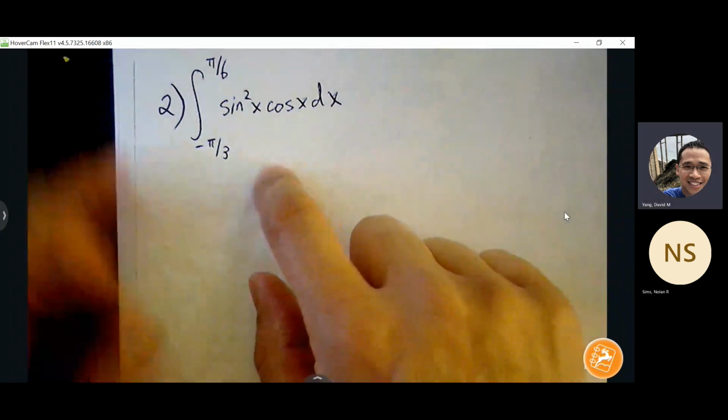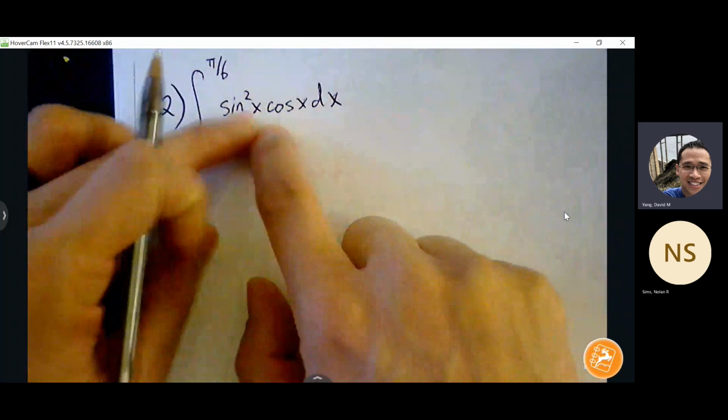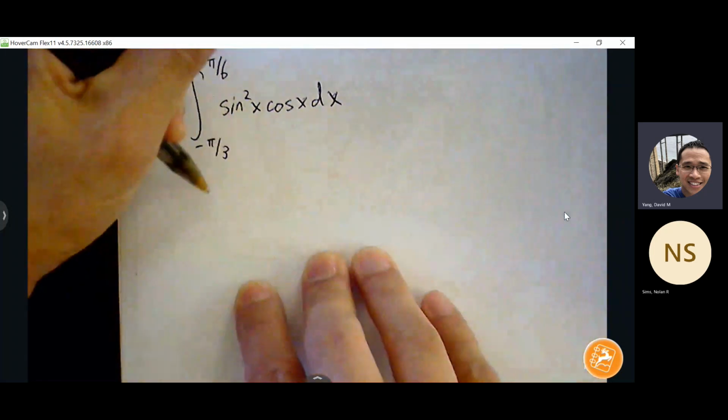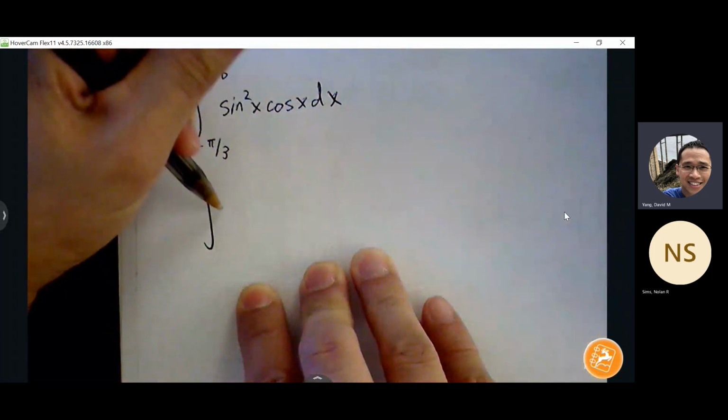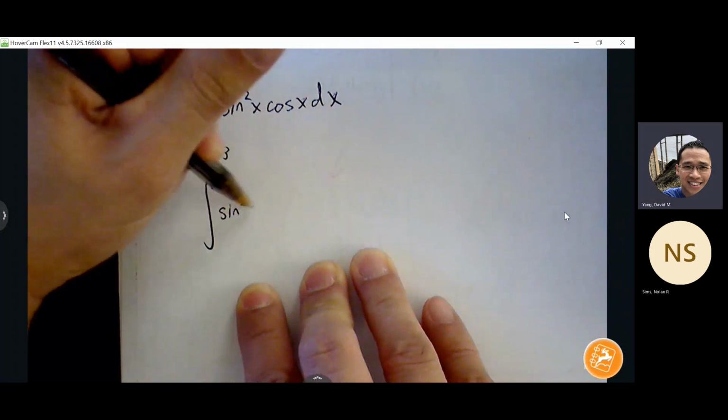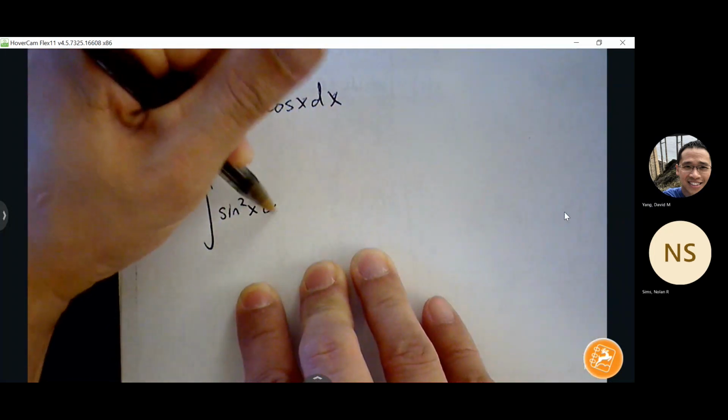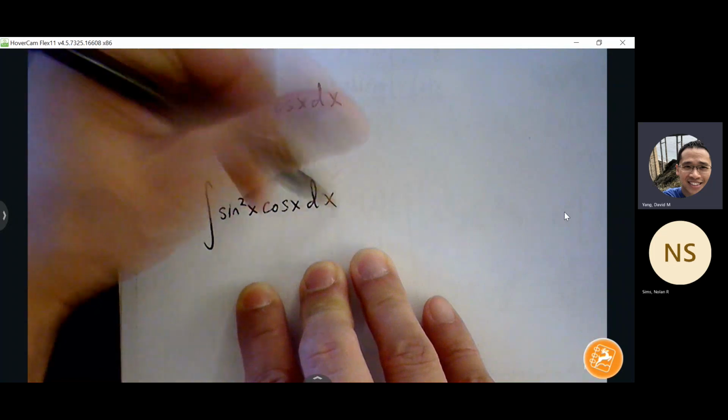Okay, so first things first, we ignore the bounds, right? The bounds are not going to be involved with our expression just yet. So if it helps, I want to rewrite it without the bounds, forcing you to focus on this problem.